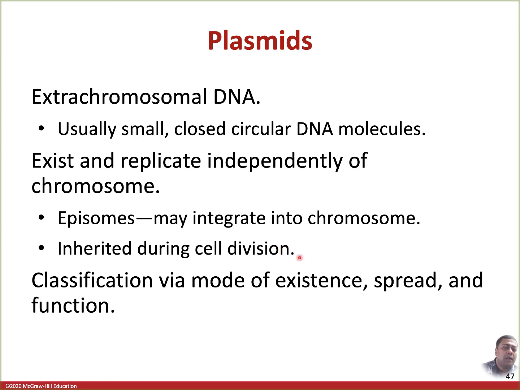So what are the advantages of these plasmids? Think about that: plasmids often do contain virulence genes, which code for toxins or, say, antibiotic resistance pumps. Now, these are carried by the bacteria.